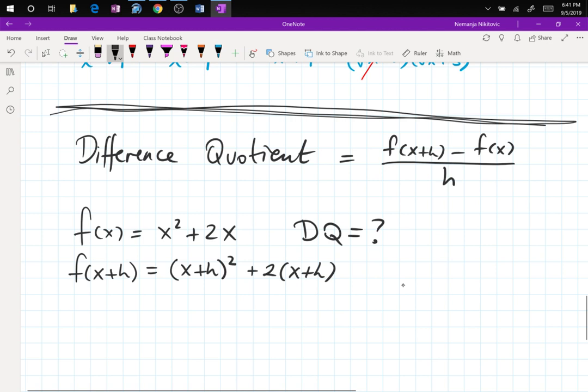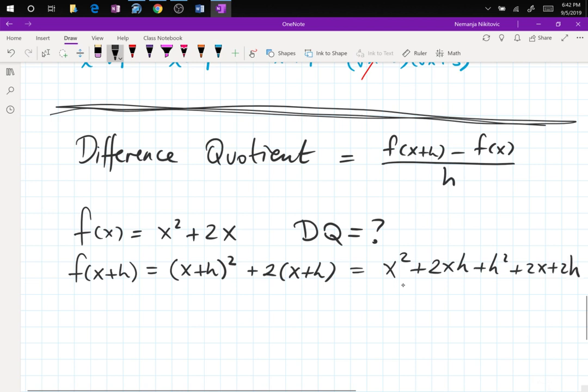So I replaced every x of the equation with x plus h. To work out this algebra, I have to use another F word: FOIL. We have to FOIL this one and then add these pieces. So we have x squared plus 2xh plus h squared plus 2x plus 2h.